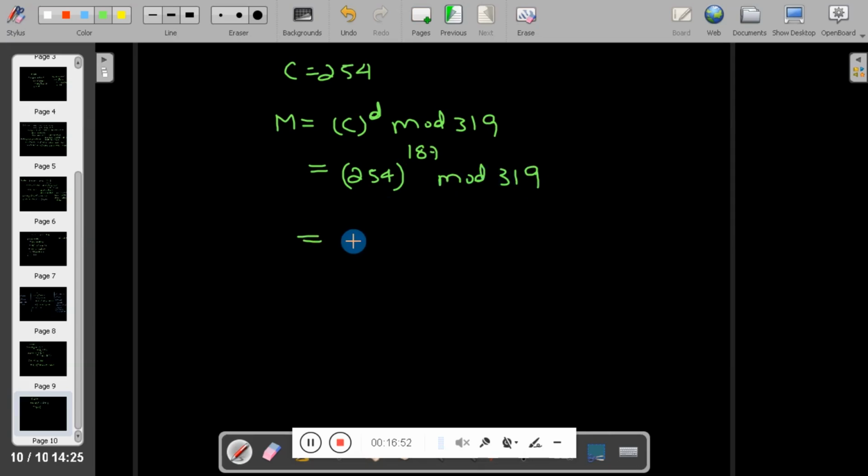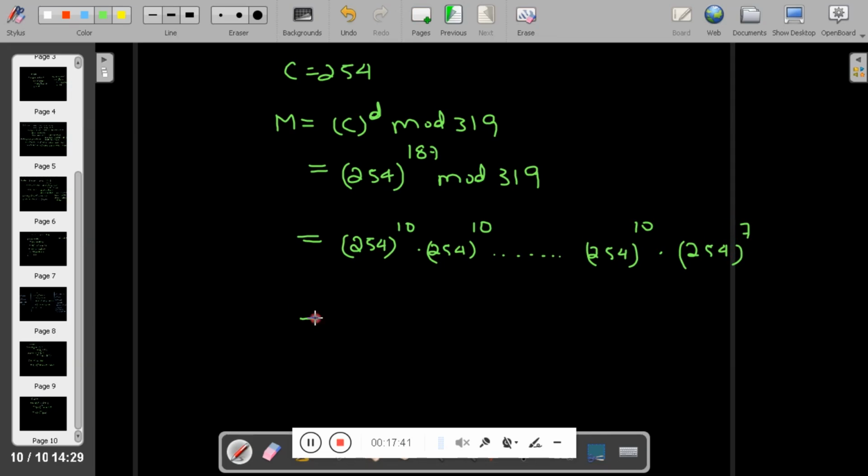I will write this as 254 raised to power 10, multiplied 18 times, into 254 raised to power 7.